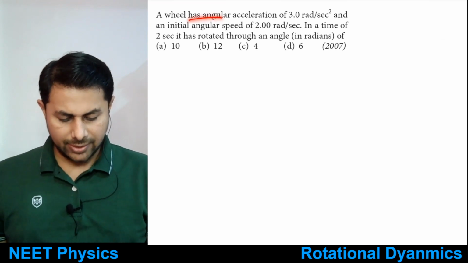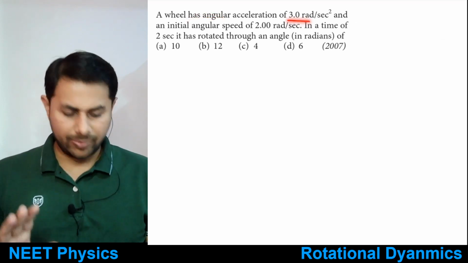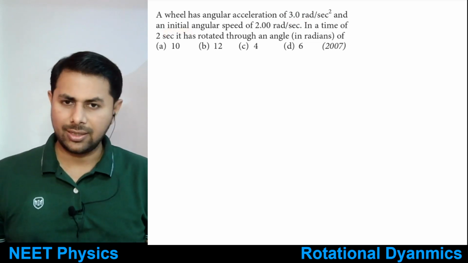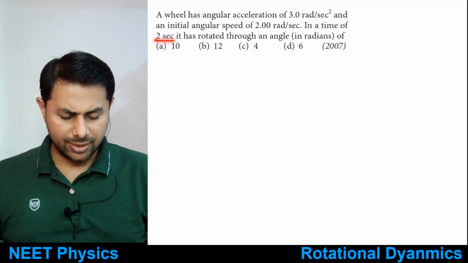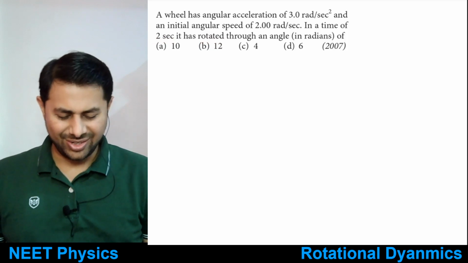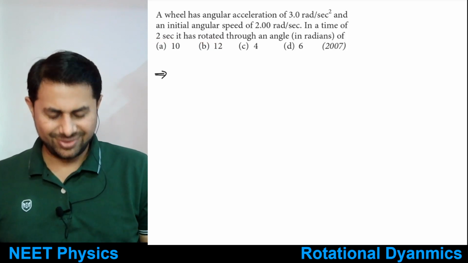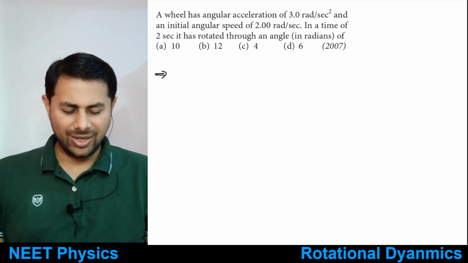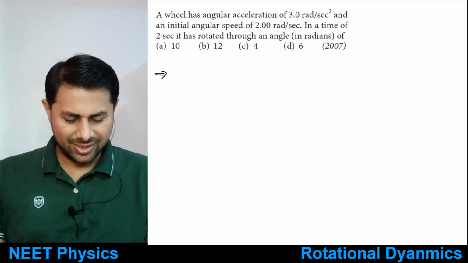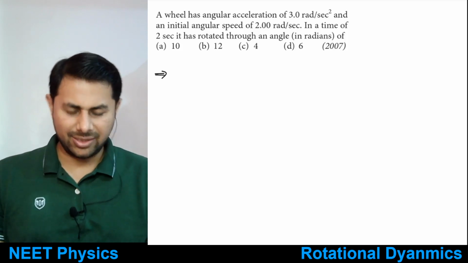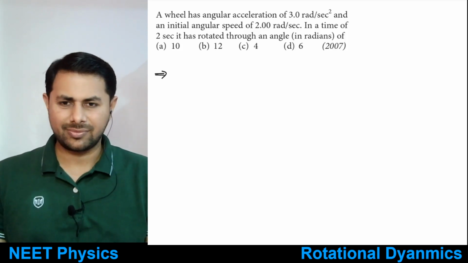A wheel has an angular acceleration of 3 radians per second square, and an initial angular speed of 2 radians per second. In the time 2 seconds, it has rotated through an angle of, okay, tell me quickly.